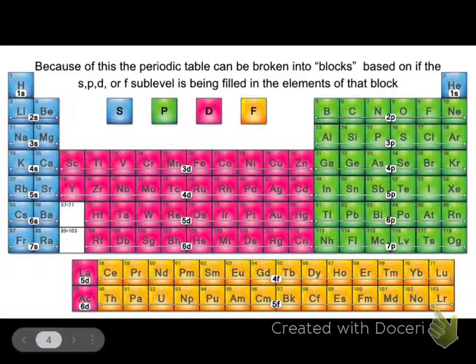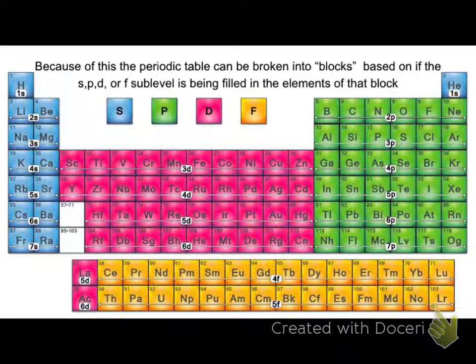This is a map of what the blocks look like. Okay, so in blue, we have the s block, which is all together except for helium, and we'll talk about why that is later. Then in green, we have the p block, and in pink, we have the d block, and in yellow, we have the f block.